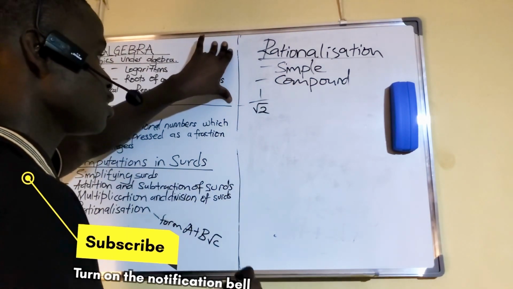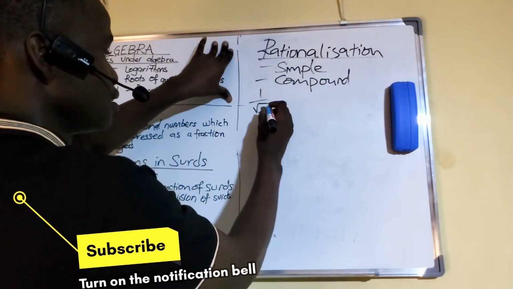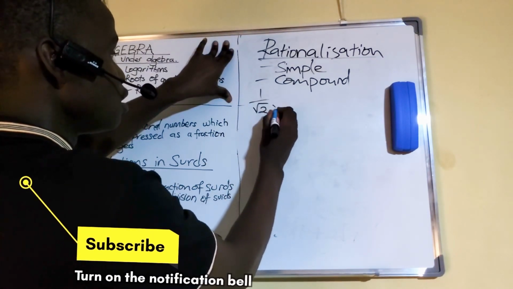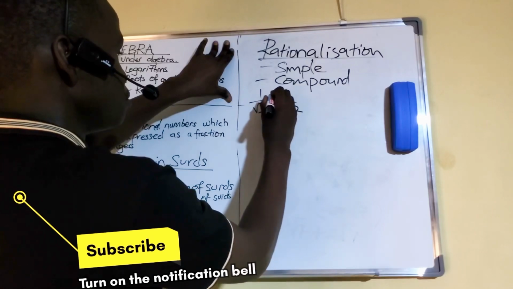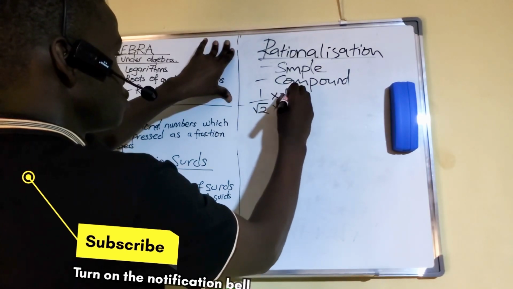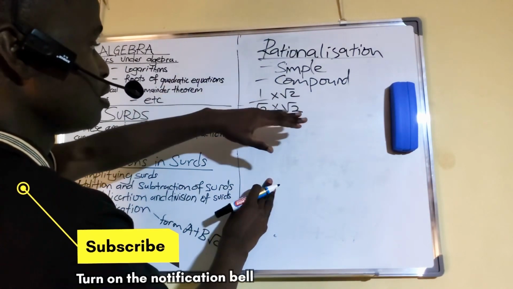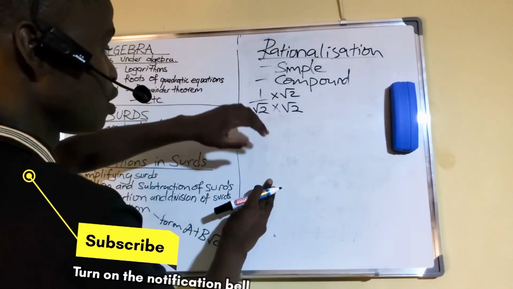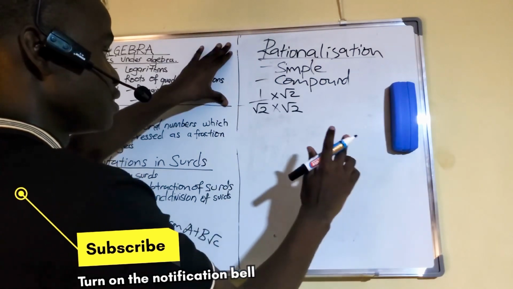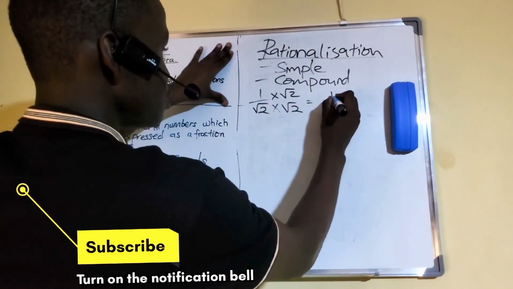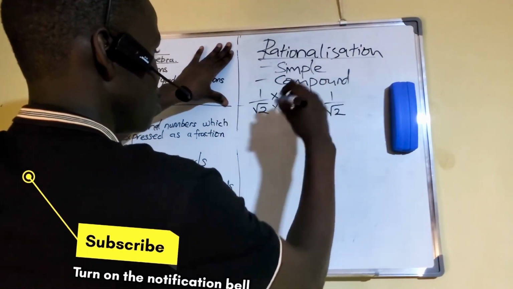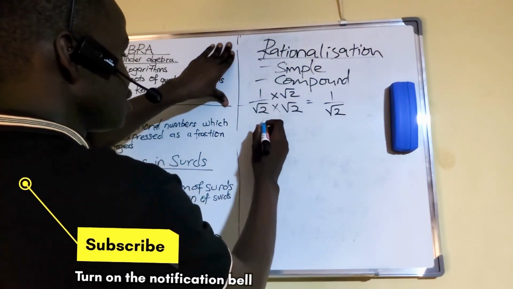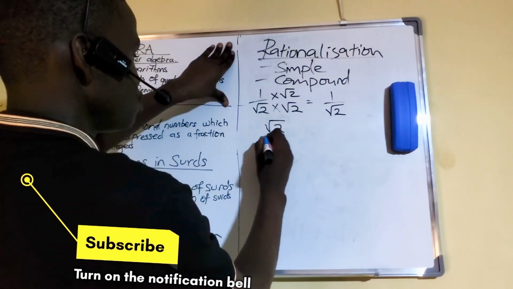a simple tactic of rationalizing this just by multiplying this up here and down. Here we have root 2 times root 2, then 1 times root 2. Here I've not changed anything because this can cancel out with this. This root 2 can cancel out with this. So I'm still having the same thing, as in this is the same as 1 over root 2. Now here, if I get this times this gives me root 2 over.